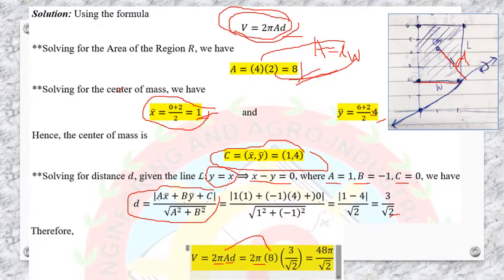And then d is replaced by 3 over square root of 2. So simplifying this one, we have 48 pi over the square root of 2. So therefore, this is the volume of a solid of revolution generated by revolving the rectangle with the given vertices about the line y equals to x.